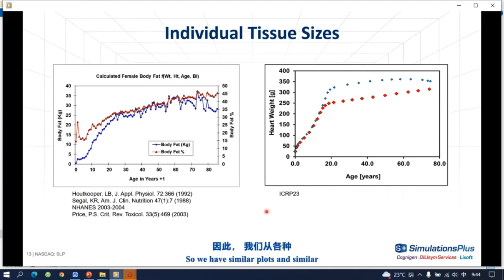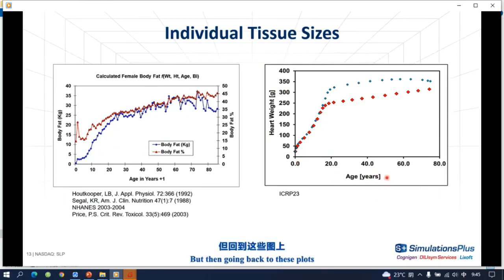So we have similar plots and similar pieces of information collected from various literature sources to be able to parameterize the changes in individual tissue sizes for the physiologies. And again, in these figures, they are simplified a bit because they are shown only as a function of age.